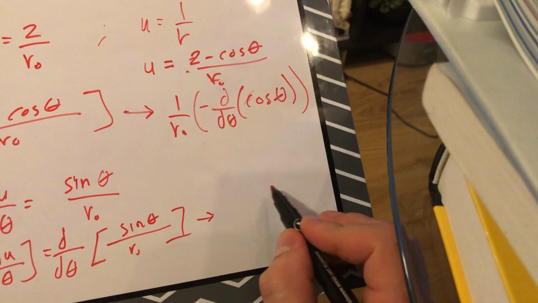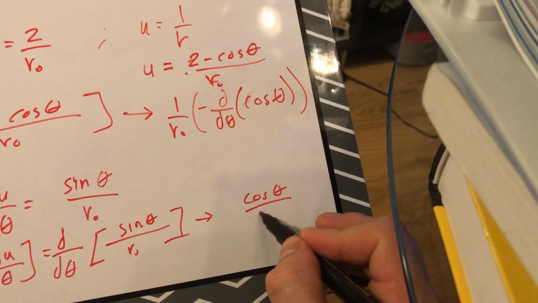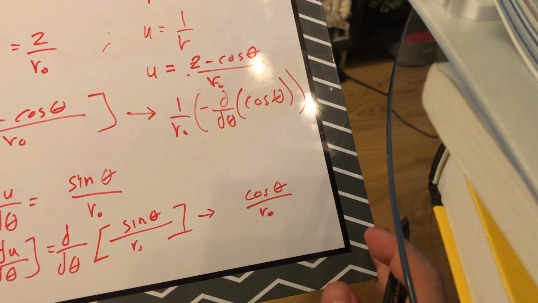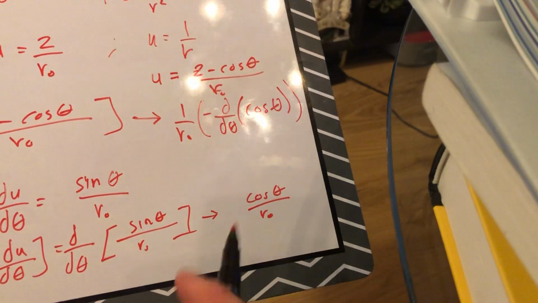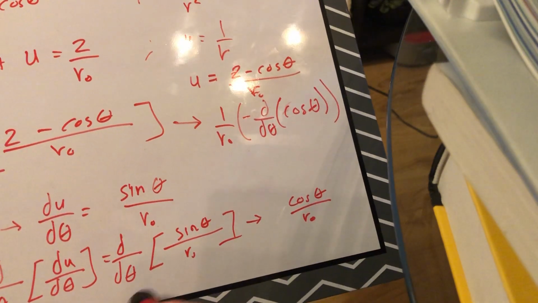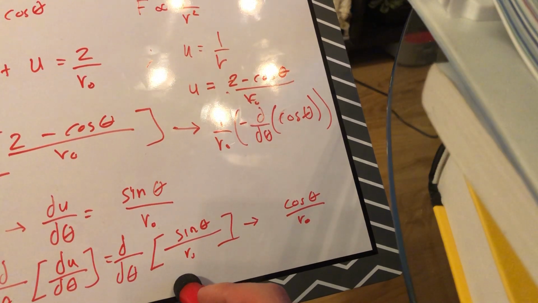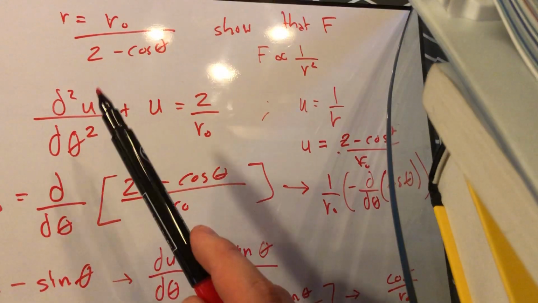And that is simply going to be cosine theta over r sub naught.